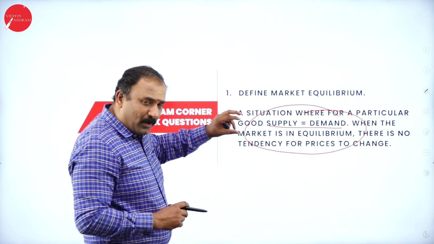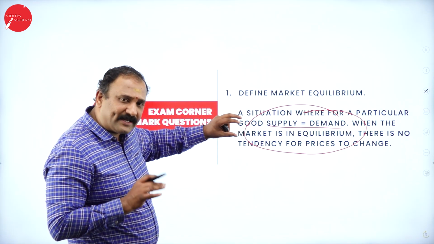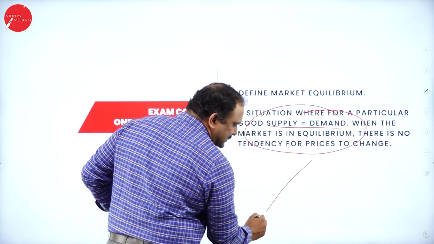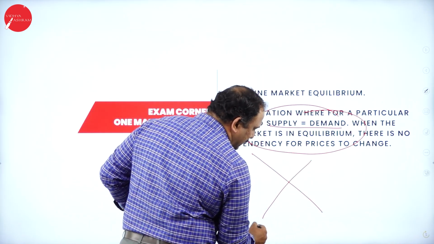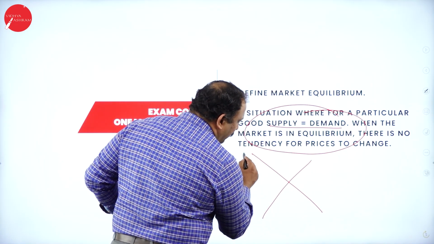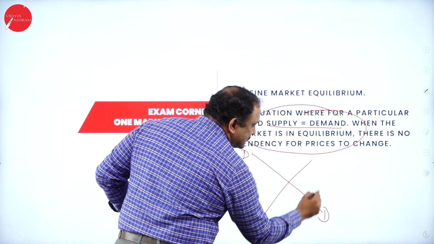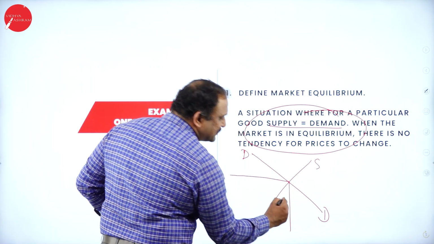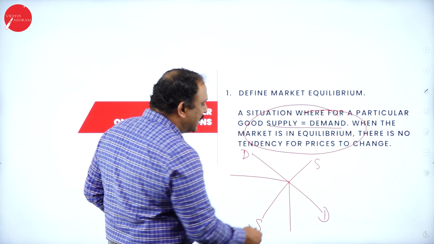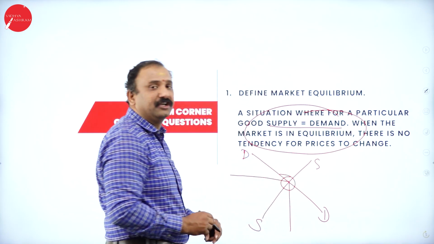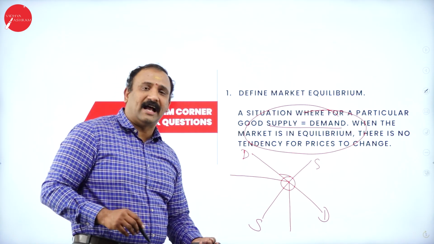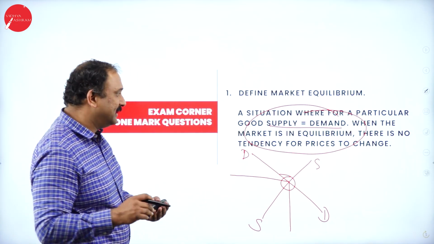Because the moment you see that supply has started matching demand, we have equilibrium. We all know that this is the supply curve and this is the demand curve. Let me just write it down for you. The demand curve here and this is the supply curve. This is the point where they match. So I am trying to arrive at an equilibrium position here. This is very important for all of us to know. That is what we call the meeting of the supply and demand curves.